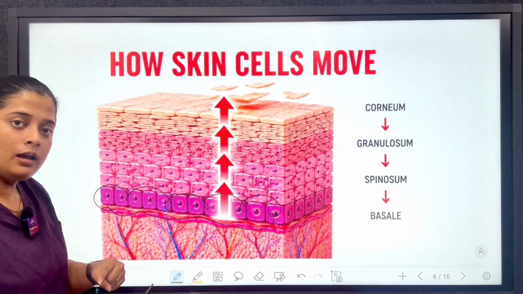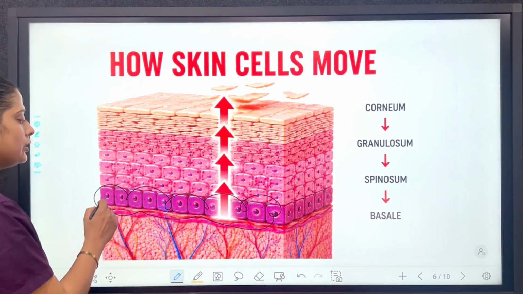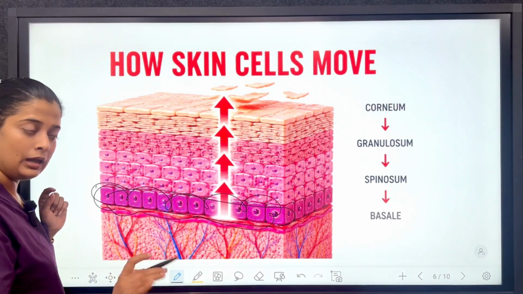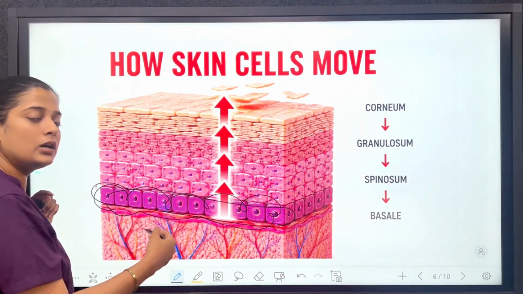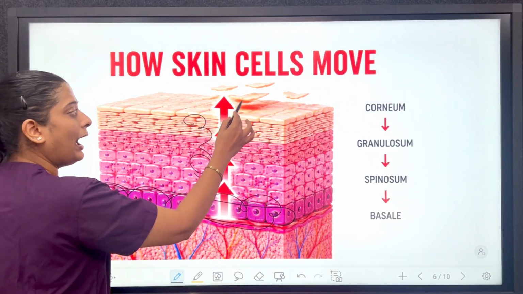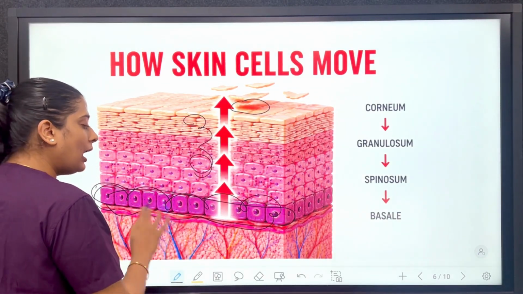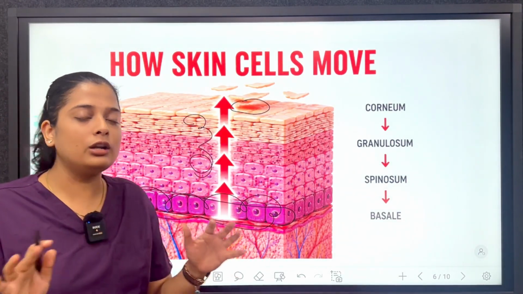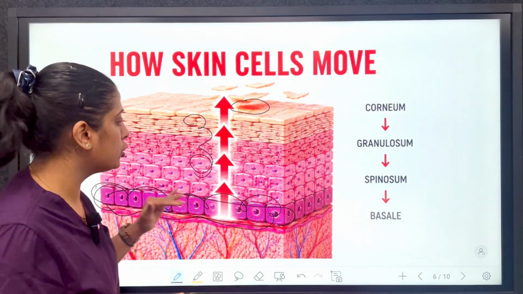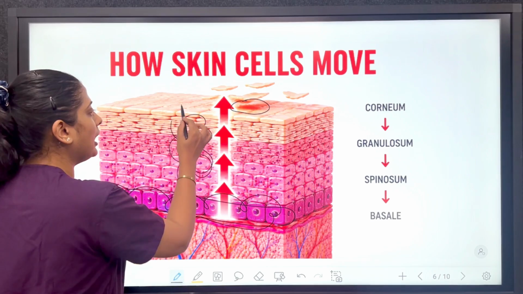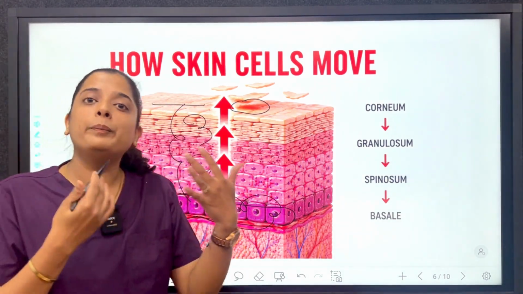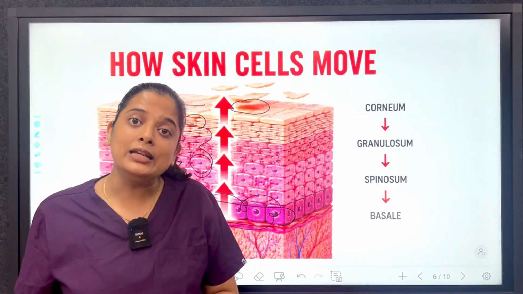When the whole layer is changed completely, the old cells which were coming before were pigmented, so you had the pigmentation, but the new cells which are coming are not so pigmented. They don't have that dark melanin in themselves. So when these cells come up, they will not have any pigment and will be plainer, so your pigmentation will gradually decrease.